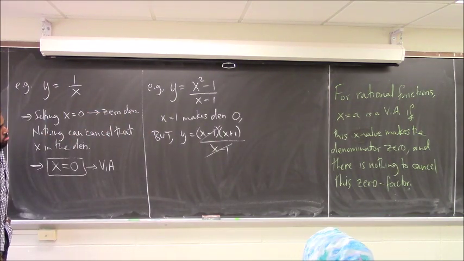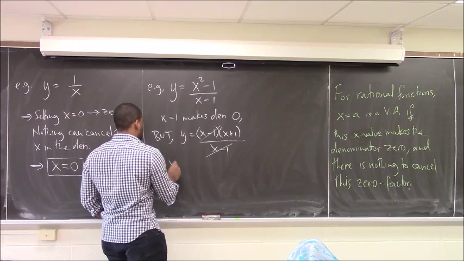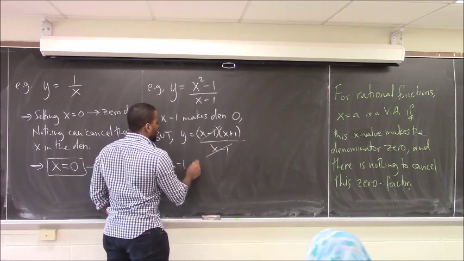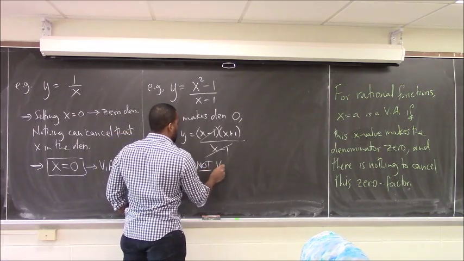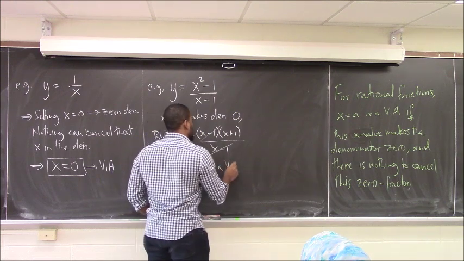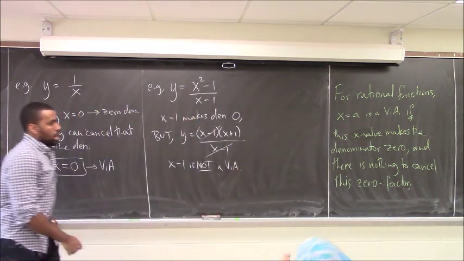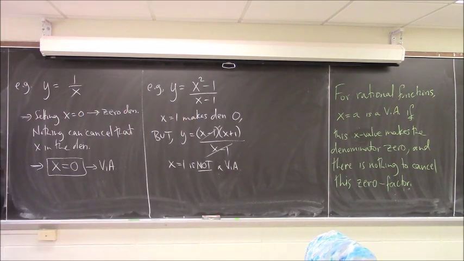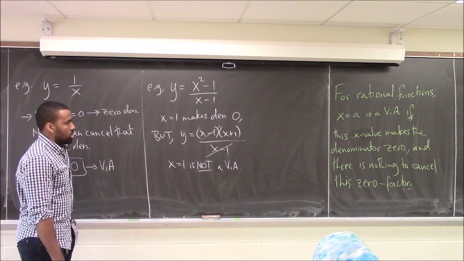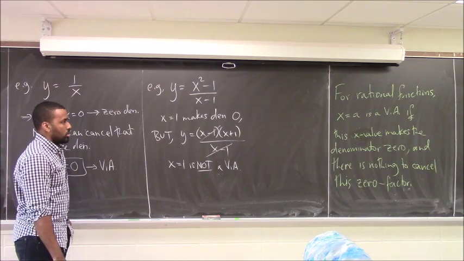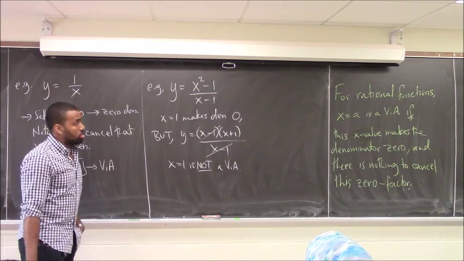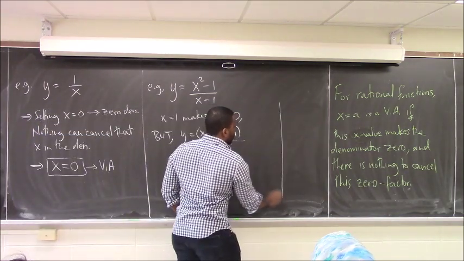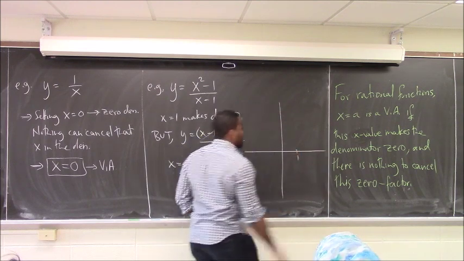Now, what that means is that x equals 1 is not a vertical asymptote. Now, the function still doesn't exist when x equals 1. What happens when it cancels? What is the feature that you tend to see? It's a hole. There would be a hole at x equals 1 as opposed to a vertical asymptote.